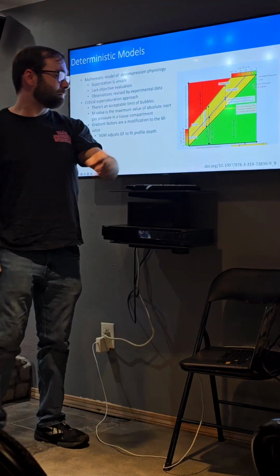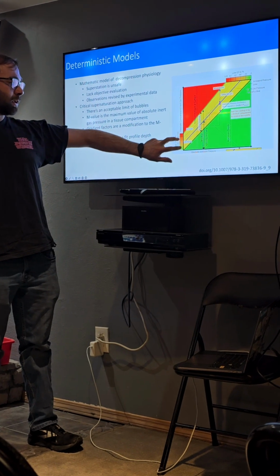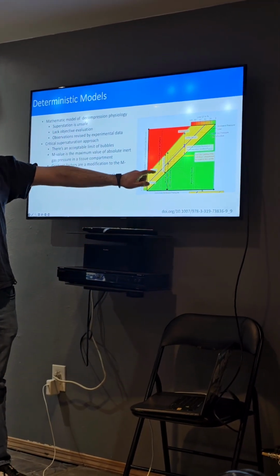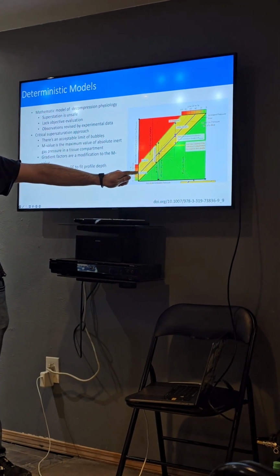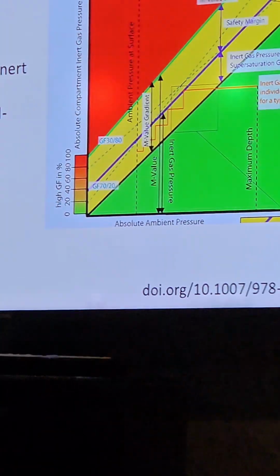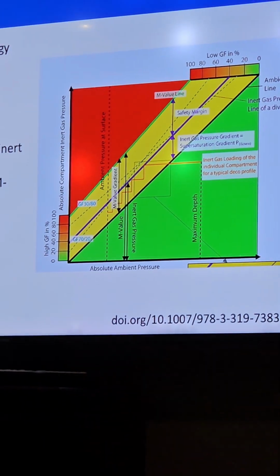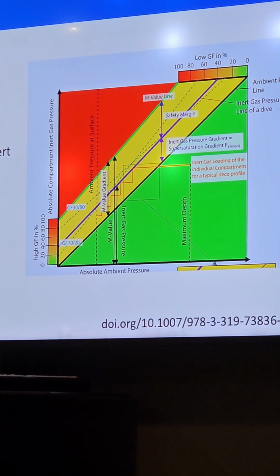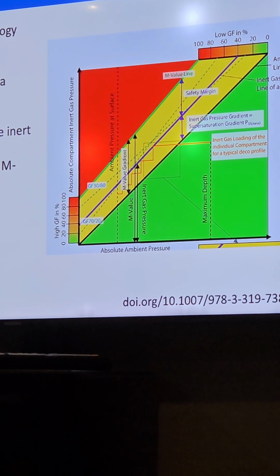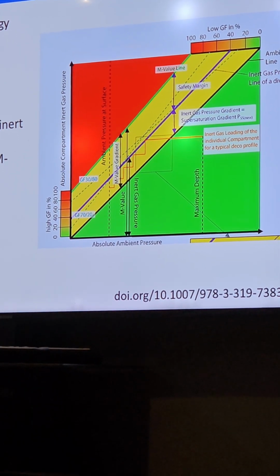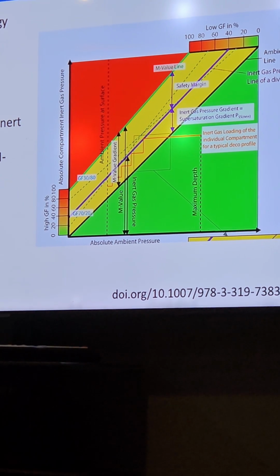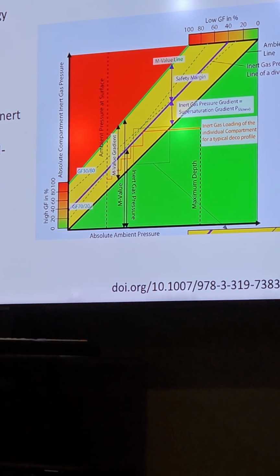Okay, so the M factor or gradient factor is this margin of safety off of the M line, which is determined experimentally, mainly off of the US Navy dive tables or dive program. And the gradient factor can be set closer or farther away from the M line to have a larger or smaller margin of safety.